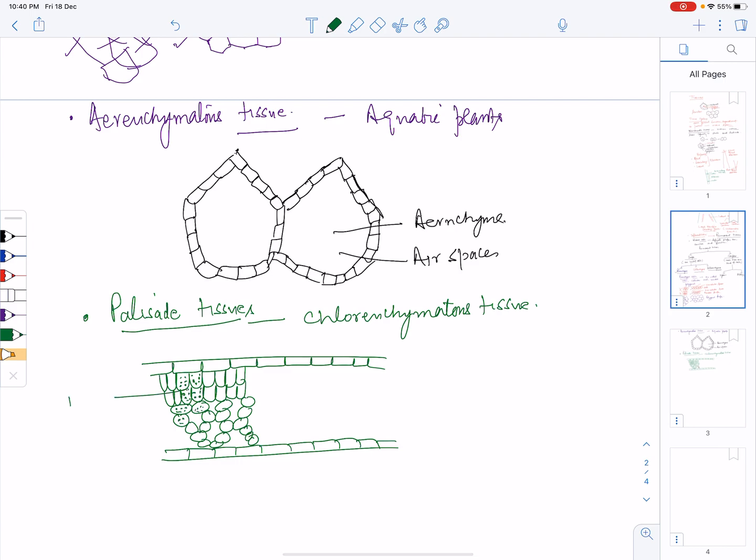So this is palisade, this is spongy parenchyma. Because of chloroplasts, parenchymatous tissue will help in photosynthesis.